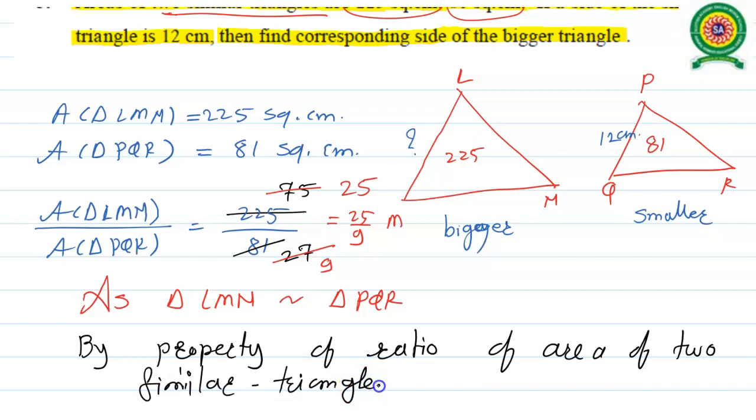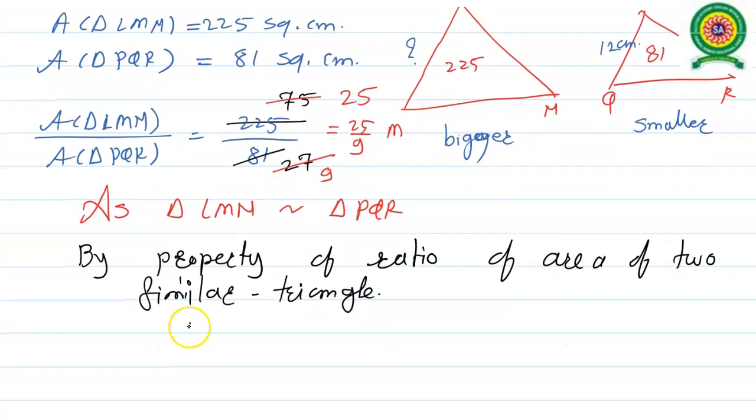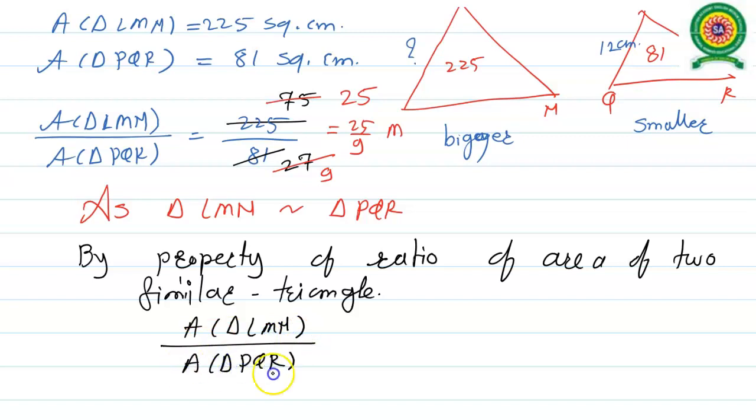Area of the first triangle LMN divided by area of the second triangle PQR is equal to the ratio of the squares of their corresponding sides.